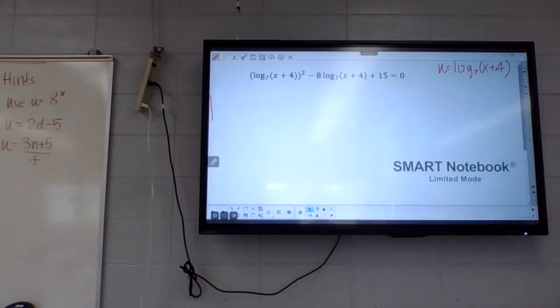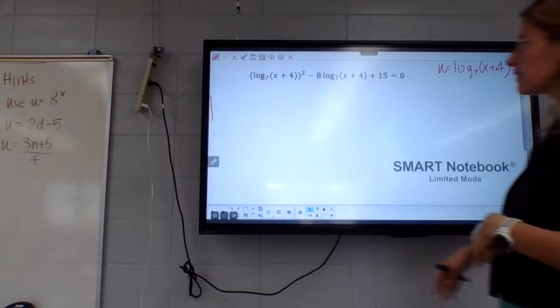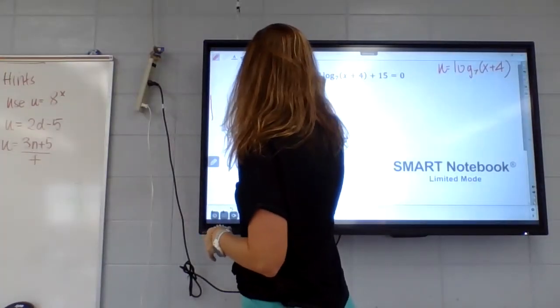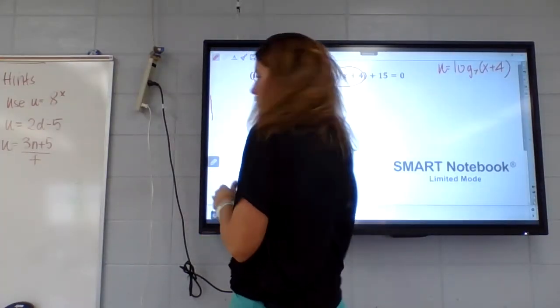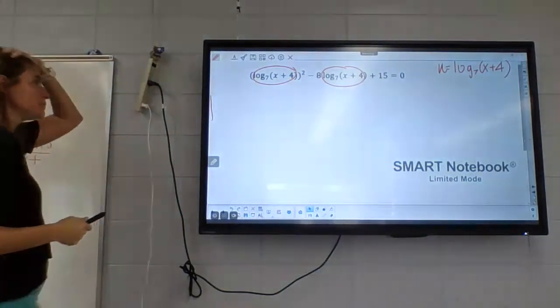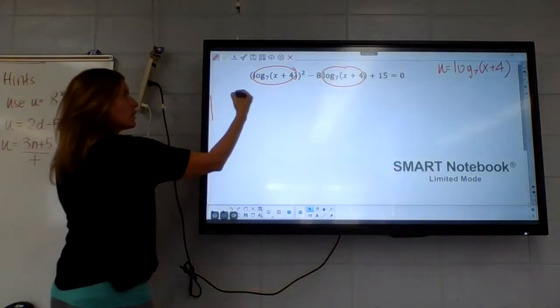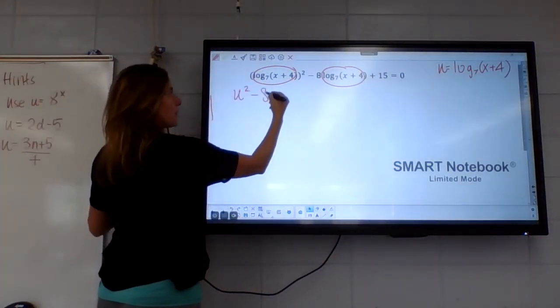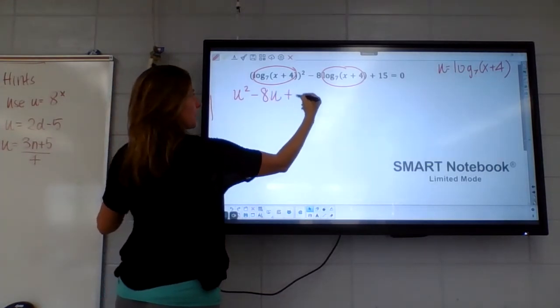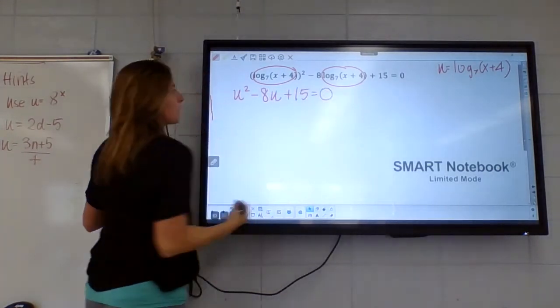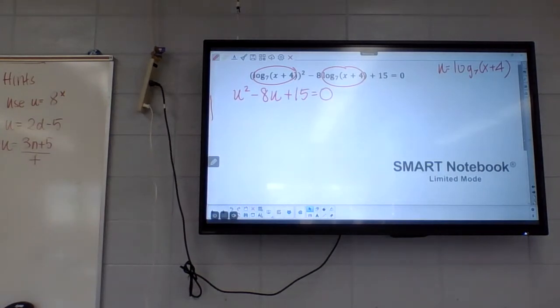So pretty complicated U, but we're getting that out of there. So this is going to be my U, this is going to be my U. Once I get that out of there, this problem looks a lot easier to work with.